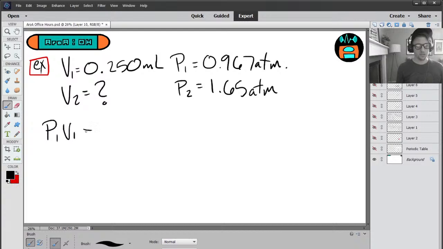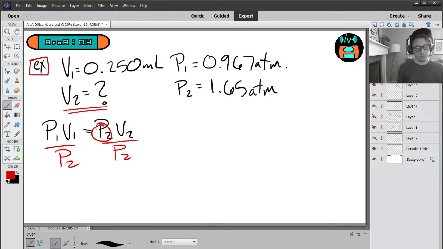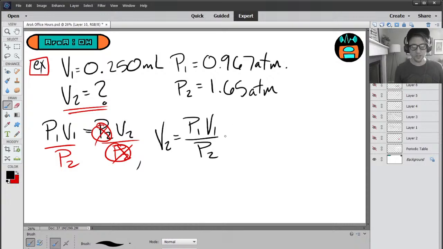We've got initial pressure and volume is equal to final pressure and volume. And this one, we are trying to find that final volume. So we're going to divide both sides of this equation by our final pressure to get it to cancel. We get final volume is equal to initial pressure times initial volume over final pressure. And now we plug in our numbers.